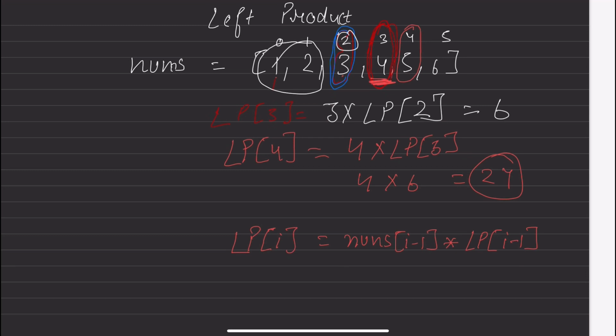If we don't have anything on the left, the LP of 0 will always be 1 only. We don't have any elements left of the 0th index, so LP of 0 will always be 1.